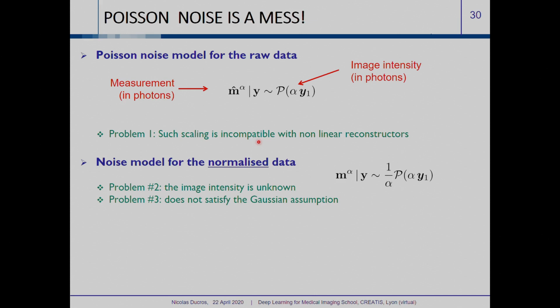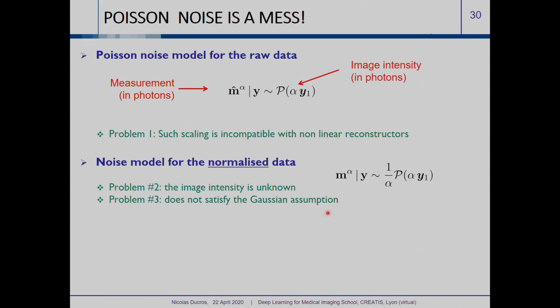If you have twice the measurements, you will get twice the reconstruction. But if you have a nonlinear reconstructor, such as a deep network, if you have twice the measurements, you won't have twice the results. You will have completely different results because you have nonlinear steps in a deep network.